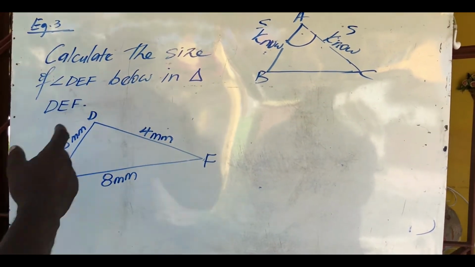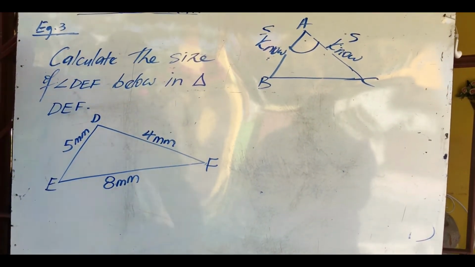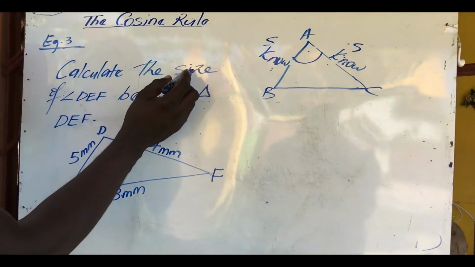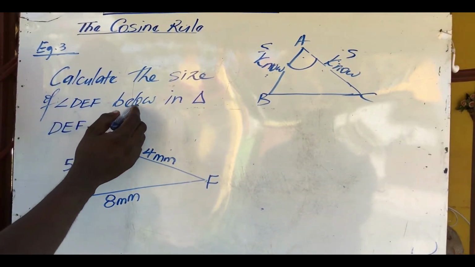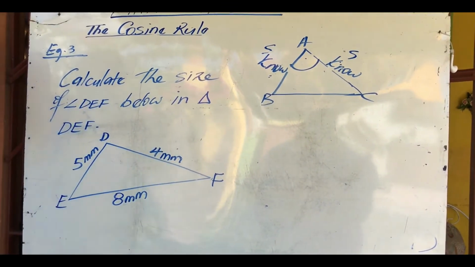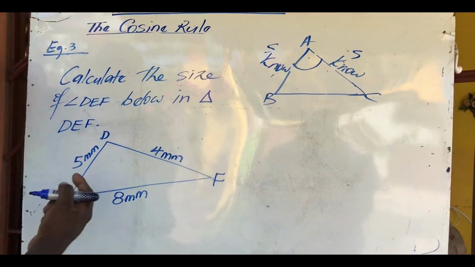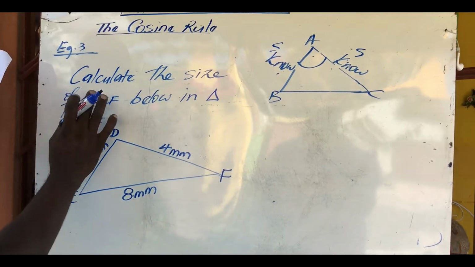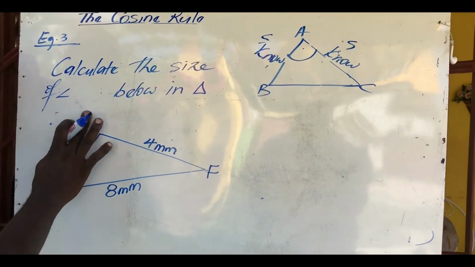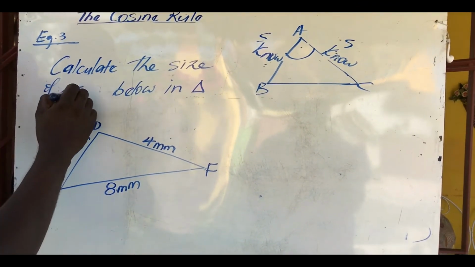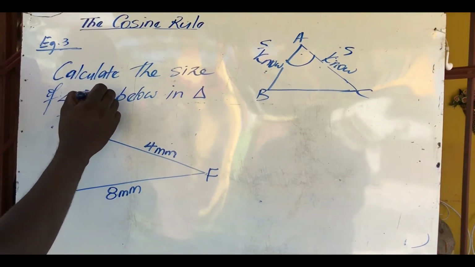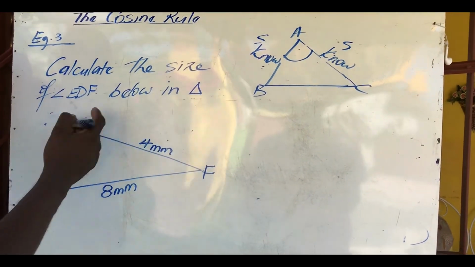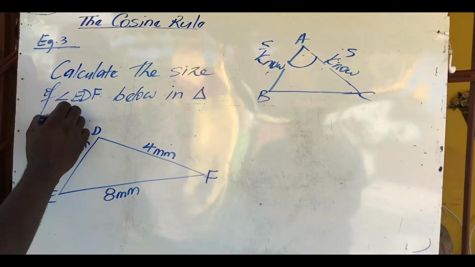So again, the cosine rule can be used. Now let us go to the question. Calculate the size of angle DEF below in triangle DEF. Alright, let me just change this a little bit and put angle EDF instead. Angle EDF below in triangle DEF.